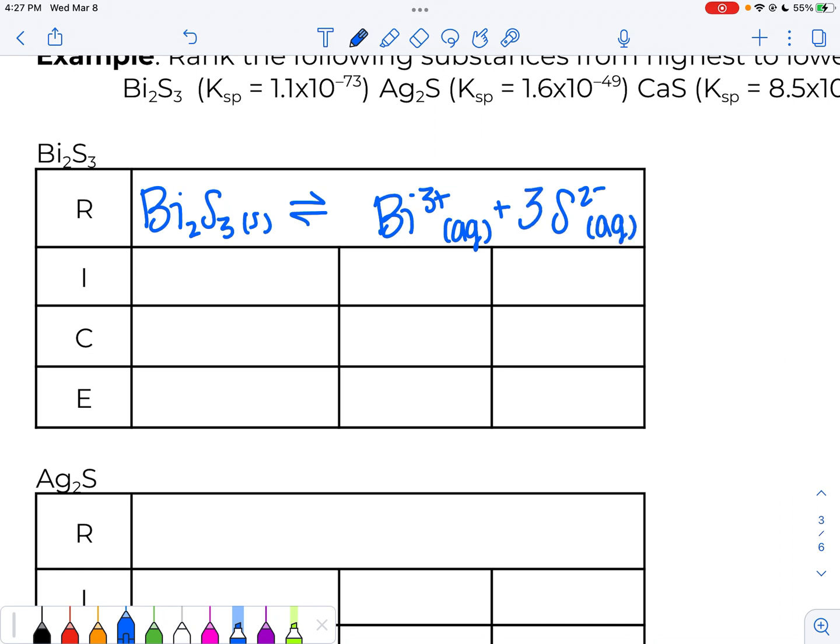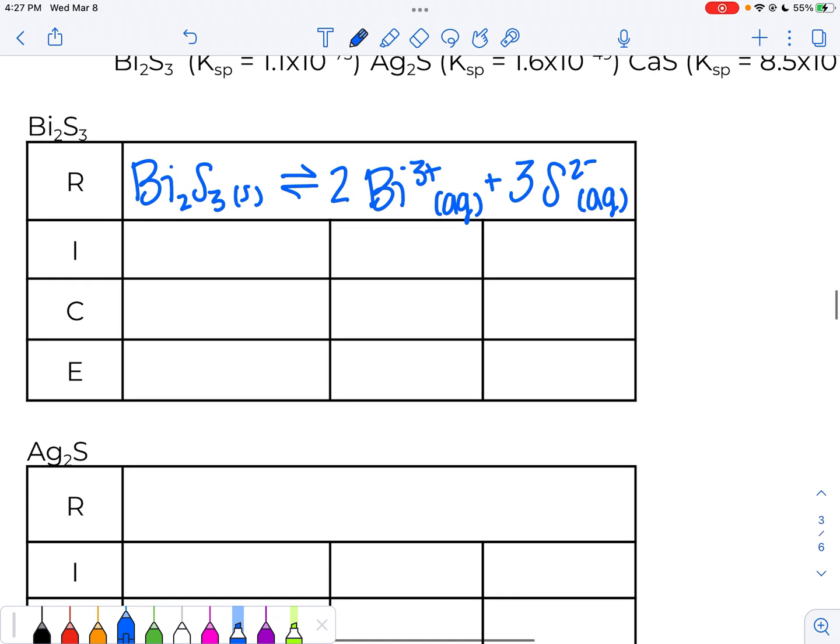To balance it out, we need a 2 here, and we need a 3 here. All right, so in solution, this is going to dissolve to give some amount of moles per liter. At equilibrium, we'll have none of it left over, which means our change here is going to be minus S. To start us off, we have no ions present, so concentration of 0.